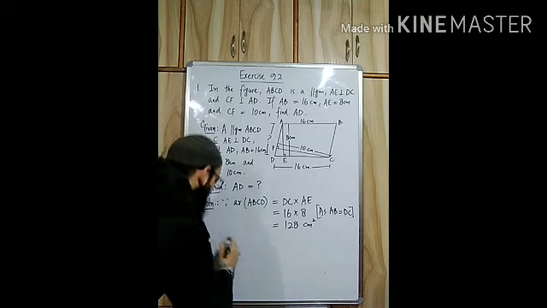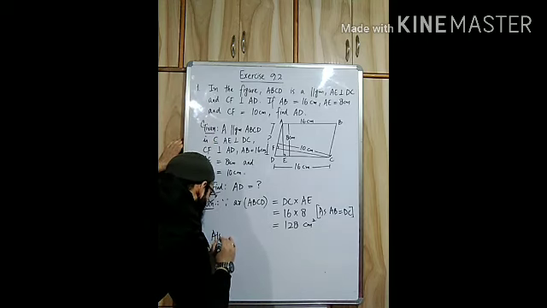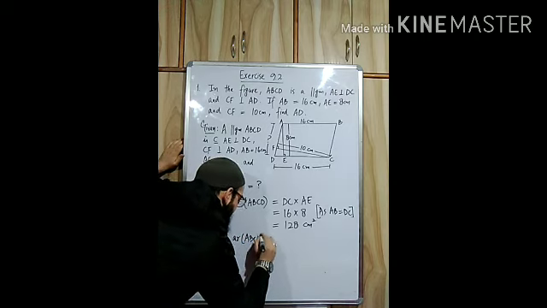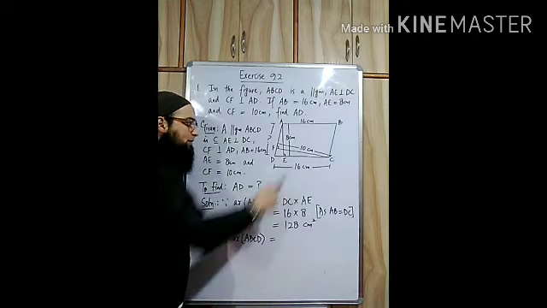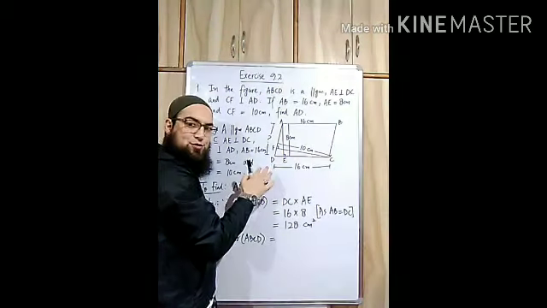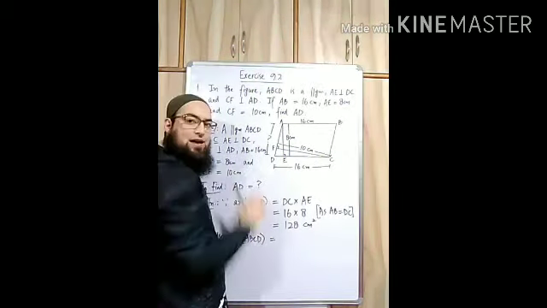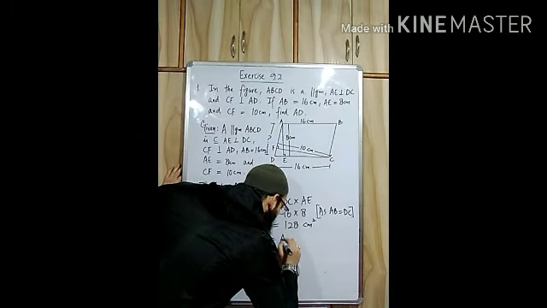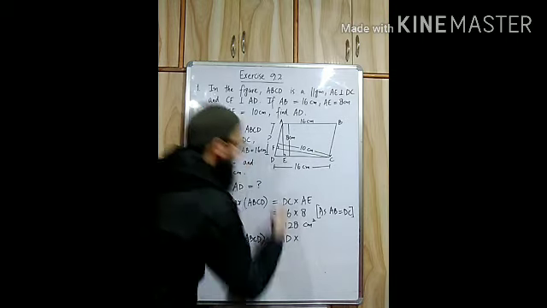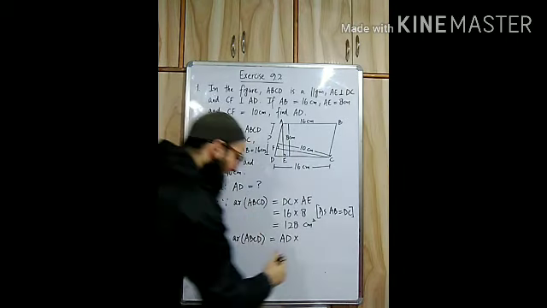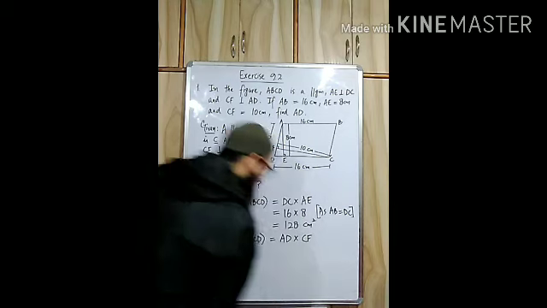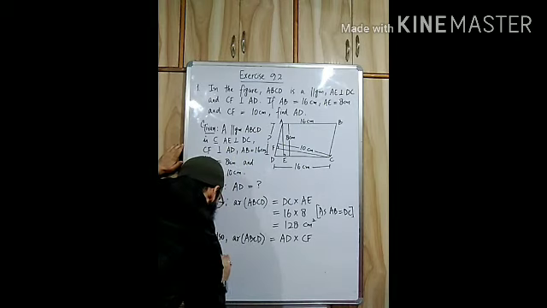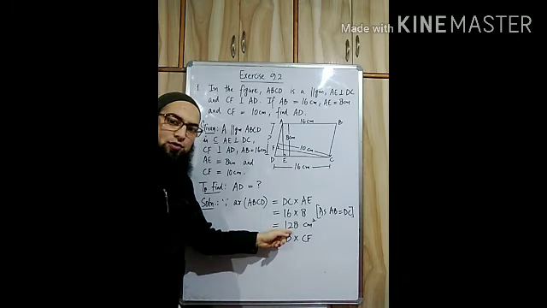Okay. Also, area of ABCD, you can also find area of ABCD by taking AD as base and CF as corresponding altitude. So in that case, we'll get AD times corresponding altitude. For AD is CF. Which implies that area of ABCD is already known now.